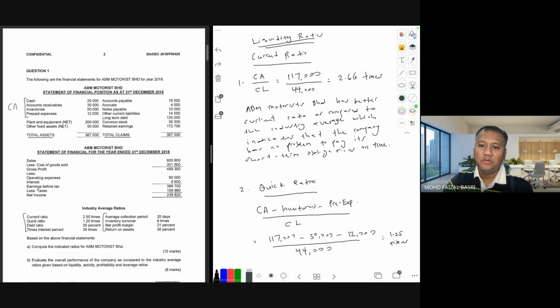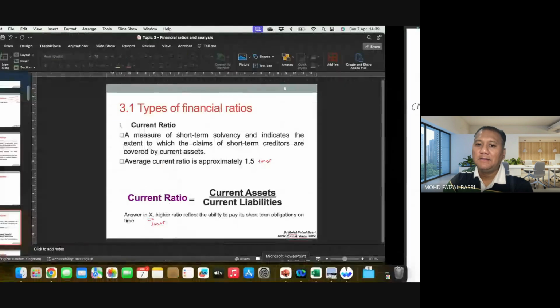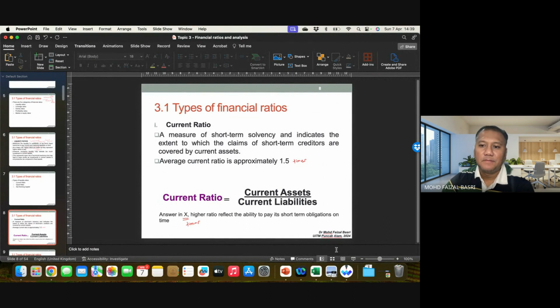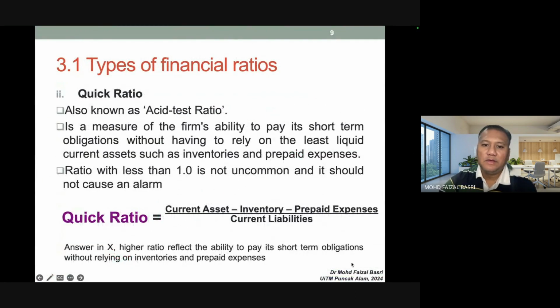Okay, cuma untuk quick ratio ada penambahan without relying on inventories and prepaid expenses. Sebab kita remove dua ni dalam kita punya current assets. So maksudnya kat sini tanpa memerlukan inventories dengan prepaid expenses, the company still has access in order to pay the short-term obligations.